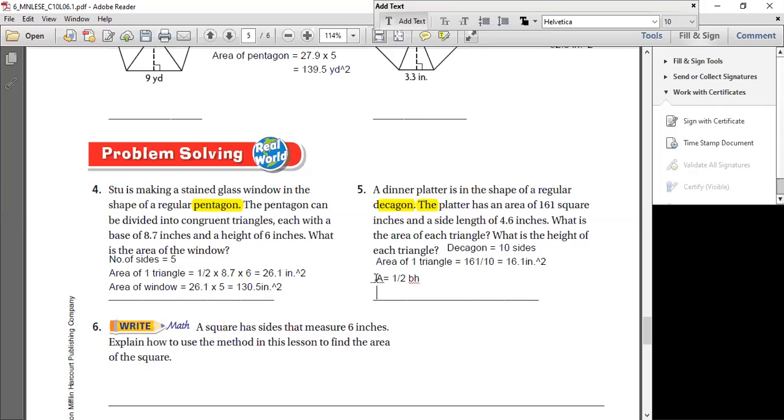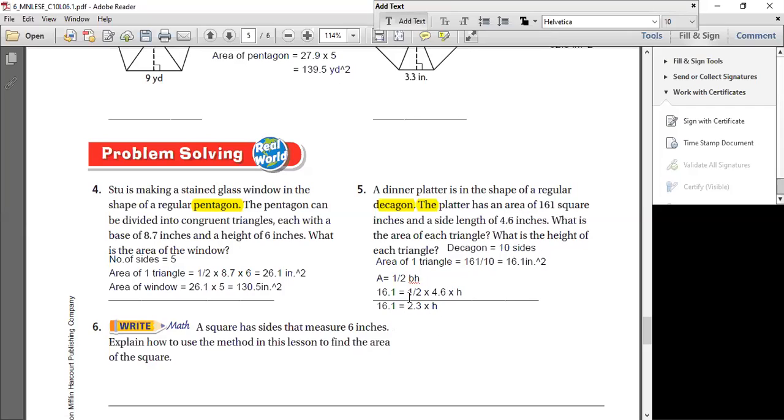So the area is 16.1 equals half multiplied by the base, which was given to be 4.6 because they said the side length is 4.6, multiplied by h. Now simply you will find half of 4.6. How much is half of 4.6? Half of 4.6 is 2.3 multiplied by h. Now how can you do half of 4.6? Half of 4 is 2, half of 6 is 3, so 2.3, that's it.